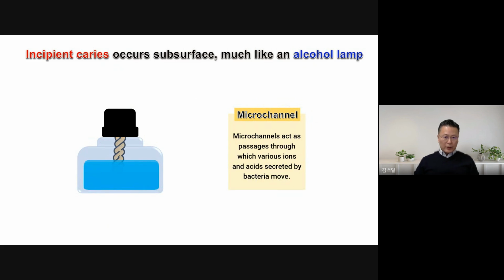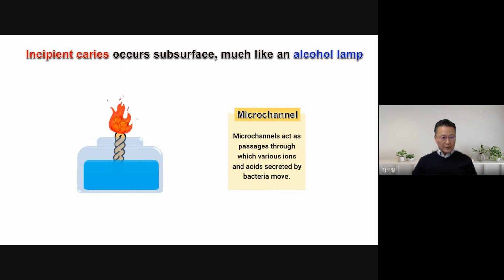Generally, it is difficult to understand why incipient caries involves mineral loss from just beneath the surface, while the enamel surface layer remains intact. Therefore, I will use the analogy of the alcohol lamp to explain this phenomenon. When you light the wick of the alcohol lamp, the flame doesn't travel through the wick, but only continues to burn on the outside.